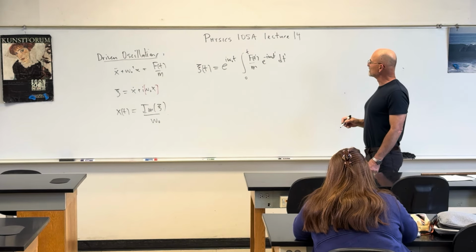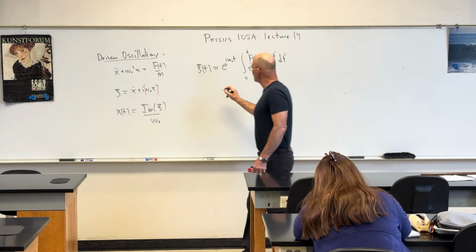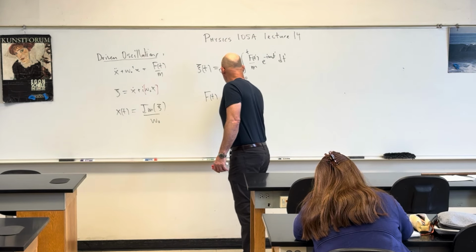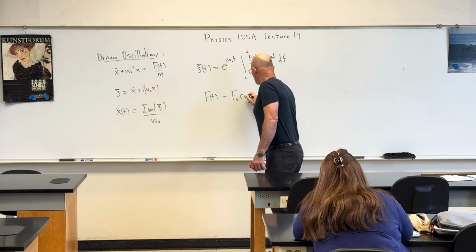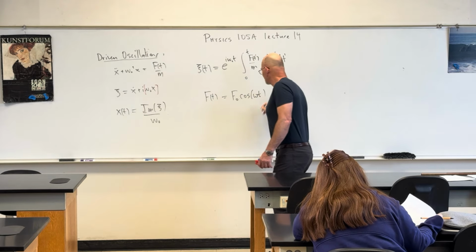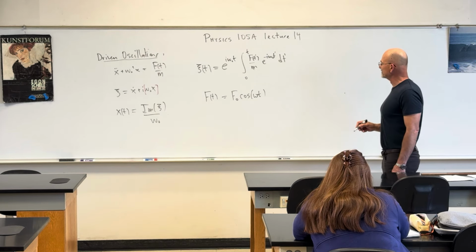And we'll leave off the initial condition, like I said. And then for this problem, this f of t was equal to f naught cos omega t. Right? F naught cos omega t.